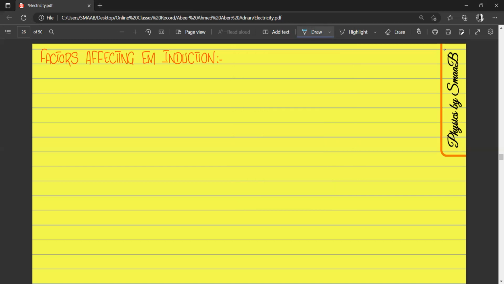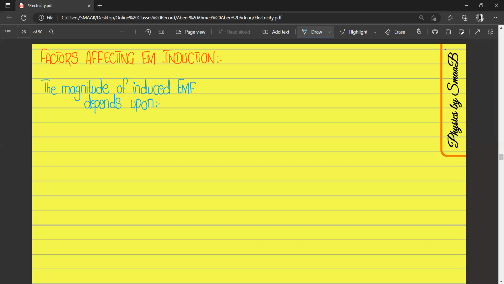So the first factor we can write as: the magnitude of induced EMF depends upon, because these factors are very important, just like the factors affecting resistance that we discussed in the previous chapter.